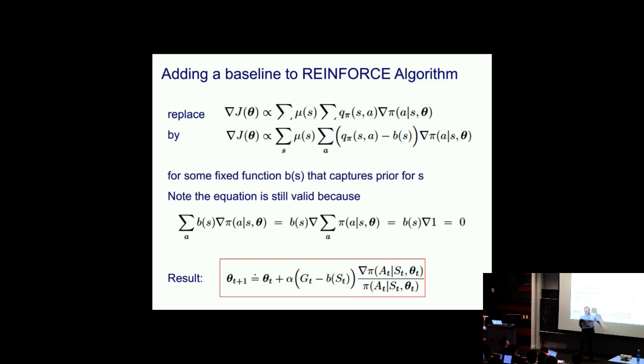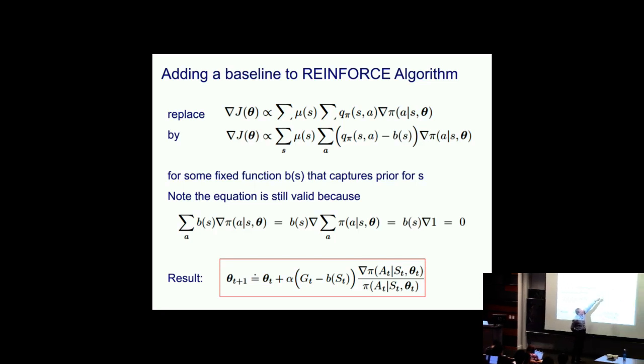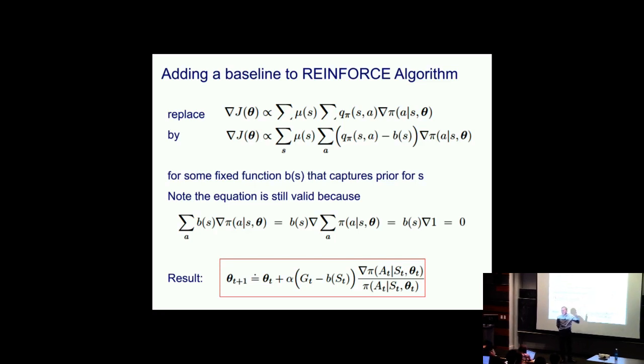We want to make up some function b, which is a decent estimate of q. And then what we're going to learn is the difference between q and b.